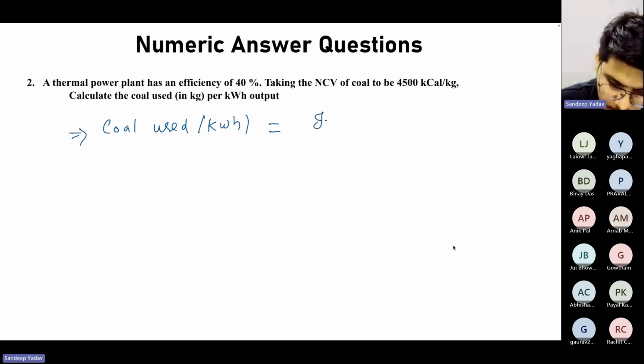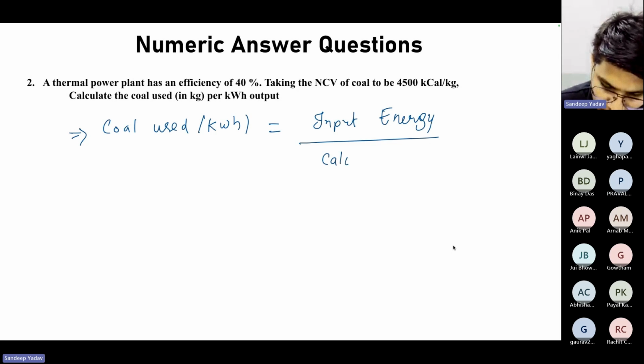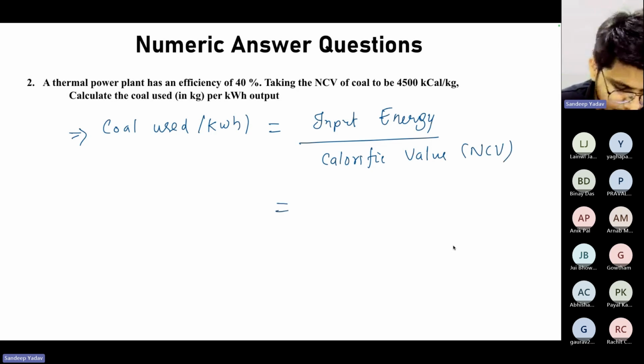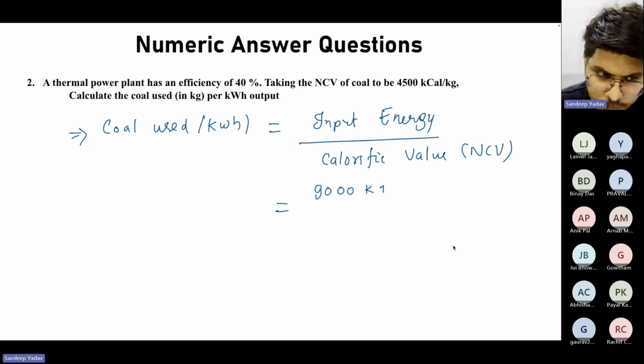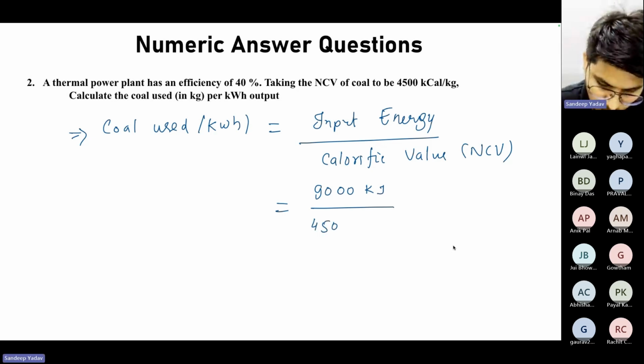That will be input energy divided by calorific value, or we can briefly write NCV. Input energy we have just calculated, 9000 kilojoule, divided by 4500. It's given in kilocalorie.